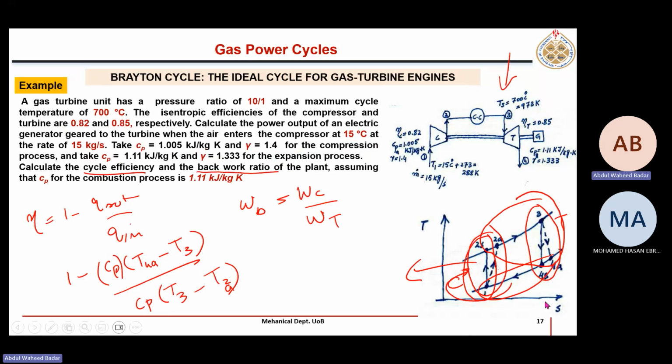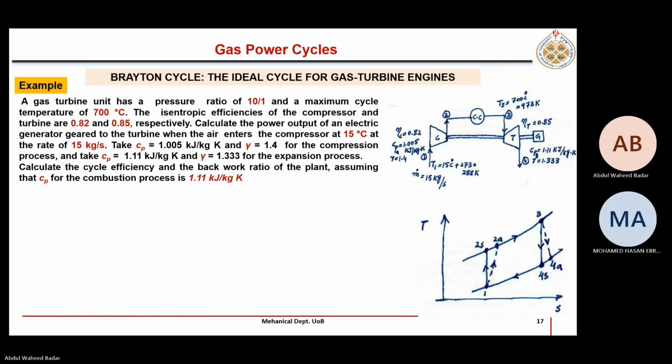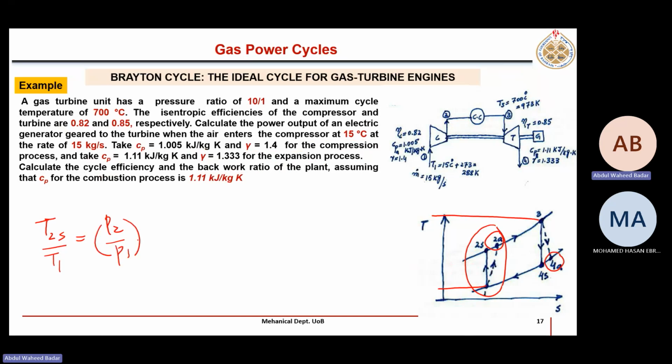So temperatures, T1 is given, T3 is given. We need to find out T2A and T4A. It's simple. What is this process? Isentropic, ideal gas. This is the compression process.